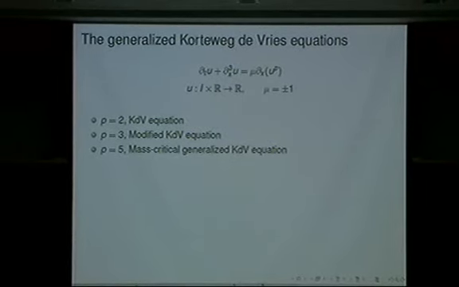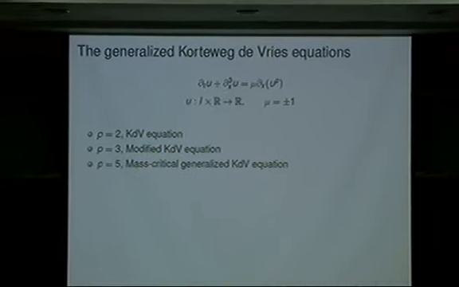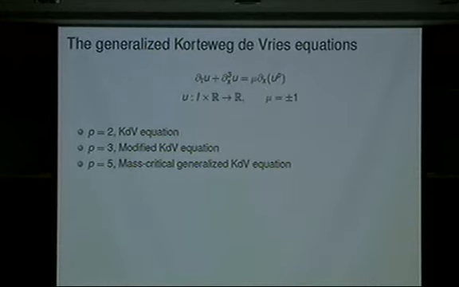The generalized KdV equation reads as follows. The linear part is third order in space, it is defined on one space dimension with real values, and it contains a power-type nonlinear term with one derivative. The sign of the nonlinear term could be plus or minus.